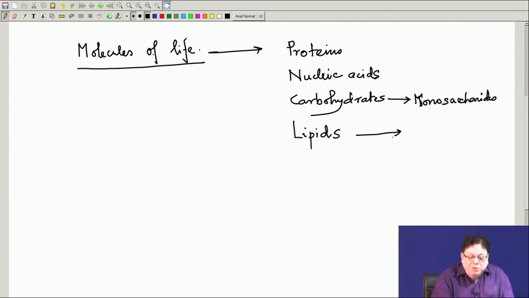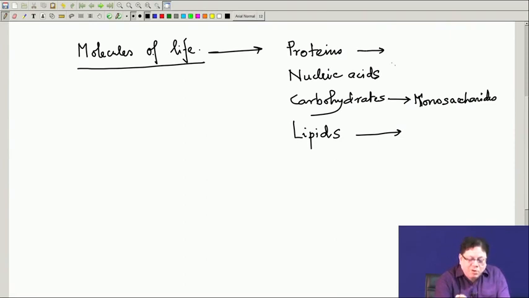There could be building blocks to make the lipids, or there could be a single molecule which is biosynthesized from very small starting materials, like a derivative of acetic acid which is called acetyl coenzyme A. Lipids are slightly different from the other three categories.